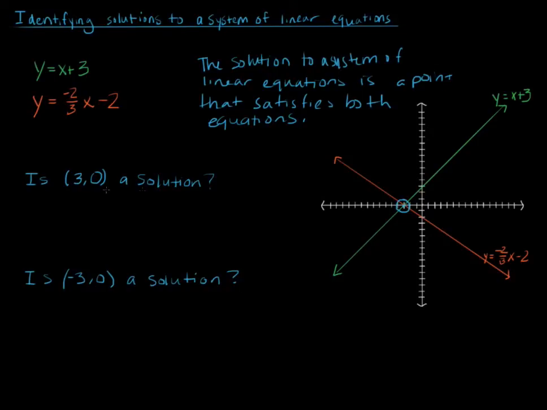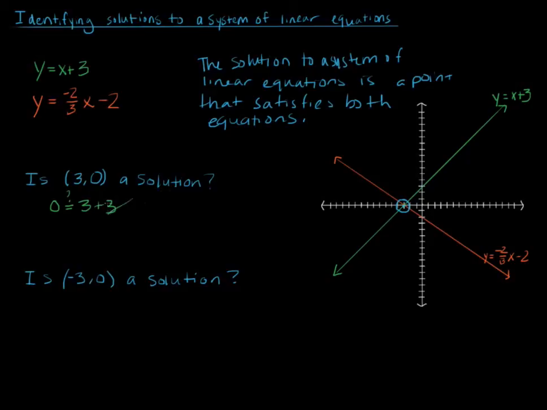So for example, is (3, 0) a solution? We want to see, does (3, 0) satisfy both equations? That means we're plugging in 3 for x and 0 for y. In our first equation, we would have 0 equals, with a question mark over the equals because we don't know if it's equal, 3 plus 3.